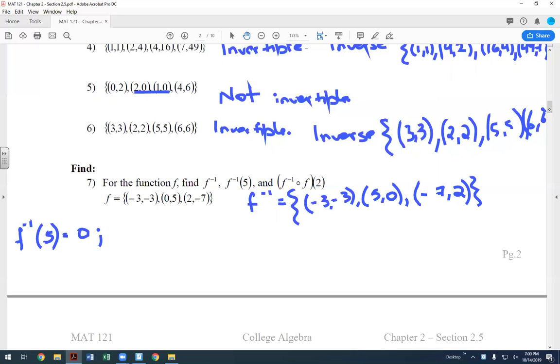So composition, f inverse of f at 2. So that means f inverse is the outside function. f of 2 is the inside function. So what is f of 2 giving us? Go to the f function.